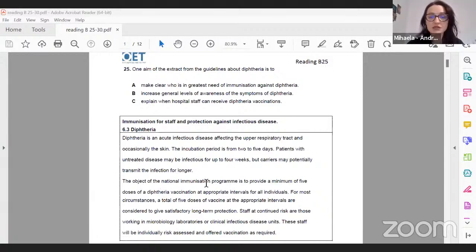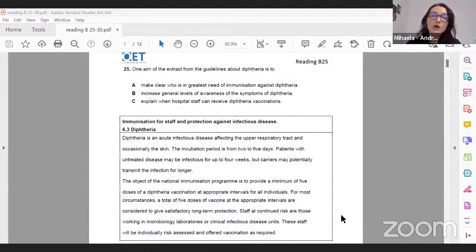Object of National Immunization Program, provide minimum 5 doses diphtheria vaccination, appropriate intervals, individuals. Most circumstances, total 5 doses, appropriate intervals, considered satisfactory, long-term protection. Staff at risk, those working in microbiology laboratories, clinical infectious disease units. Staff will be risk assessed, offered vaccination.